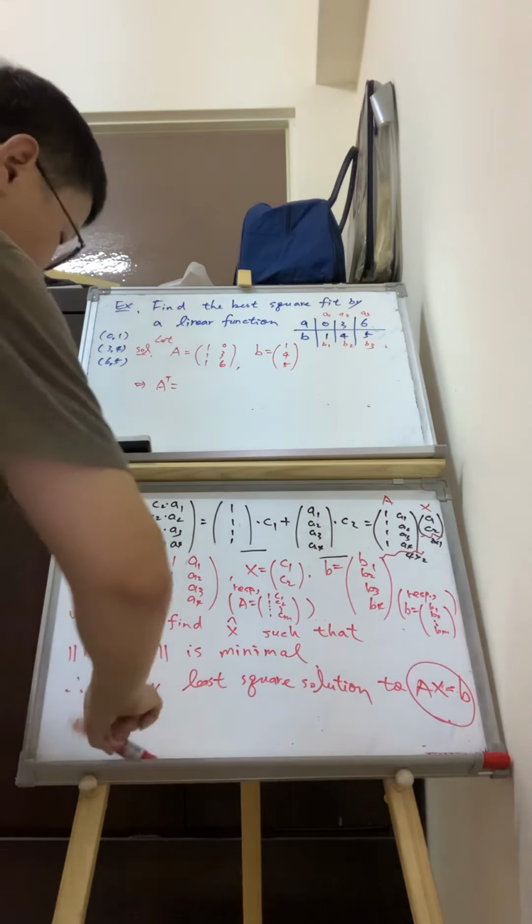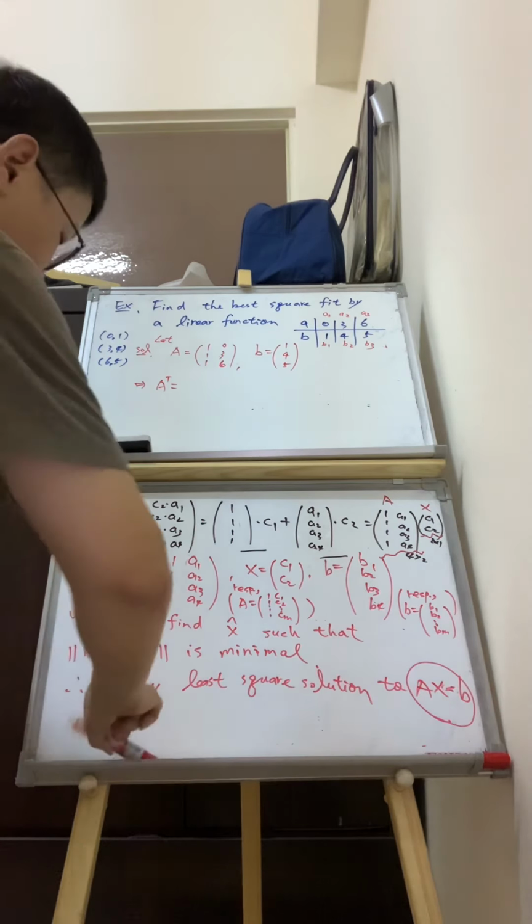So A, its transpose: A here is 3 by 2, so the transpose becomes 2 by 3. The first column becomes the first row, the second column becomes the second row. So A transpose A is the matrix. Let me see. The first row, first column is 1 times 1 plus 1 times 1 plus 1 times 1.